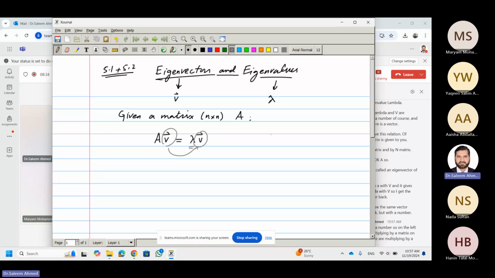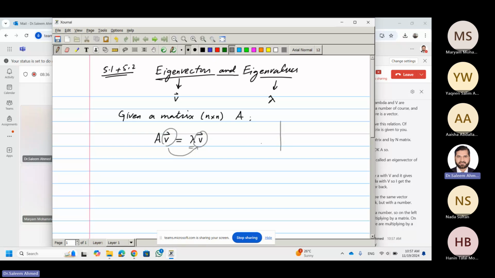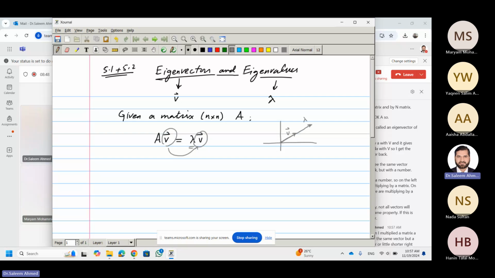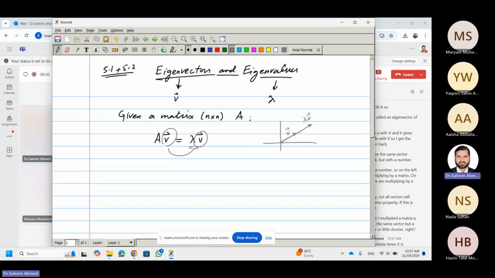Not all vectors will have the same property. If this is your vector v, and when I multiply by matrix A it gives me the same vector but a little longer or a little shorter, that is because lambda times v is a vector in the same direction.